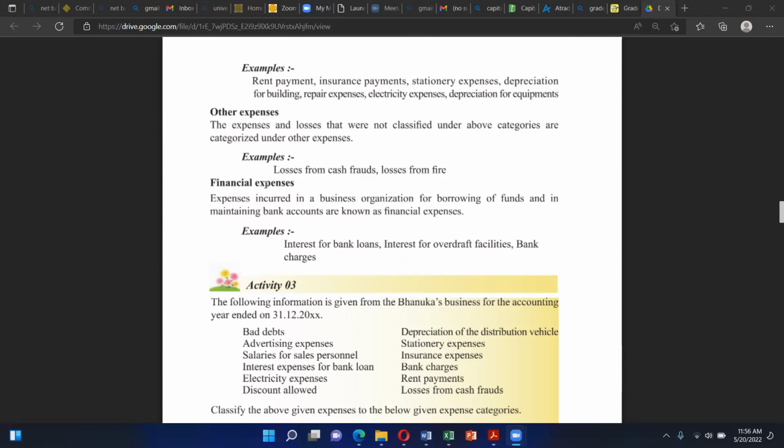Examples: loss from cash frauds, losses from fire, stock donations.